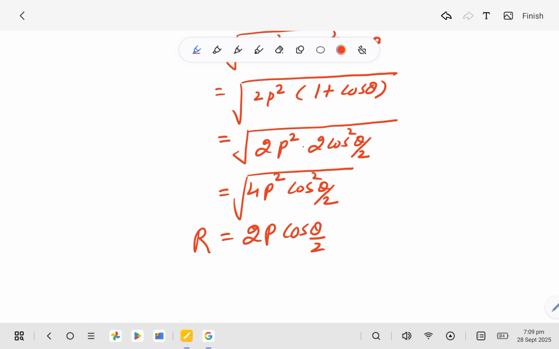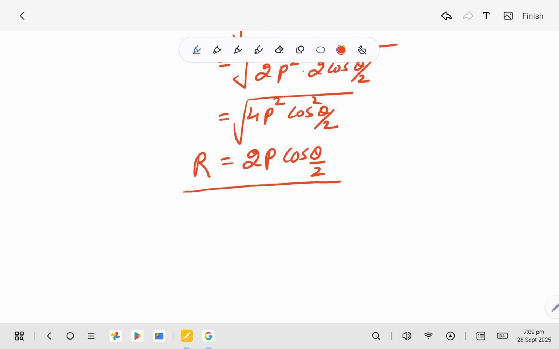This is the value of the resultant force. So if we know the value of one of these forces and the angle between the two forces, then we can estimate the resultant force of both forces.